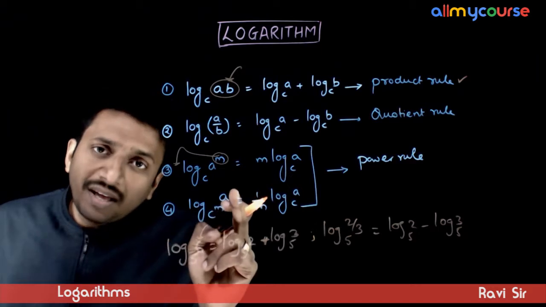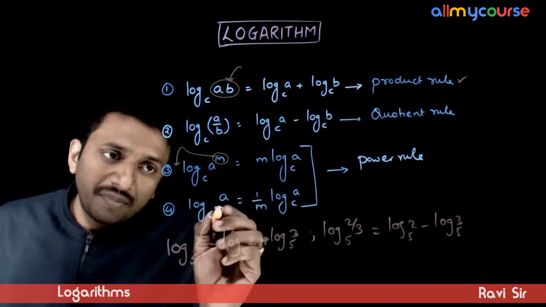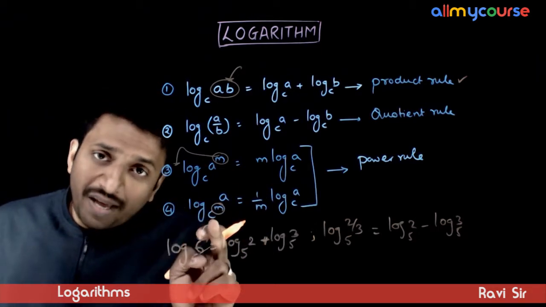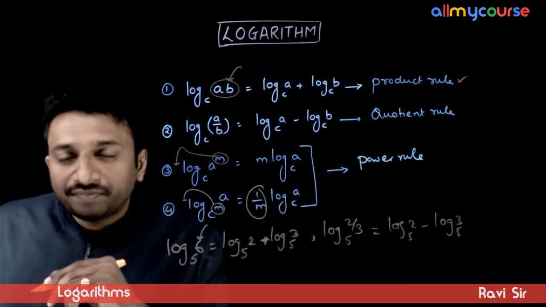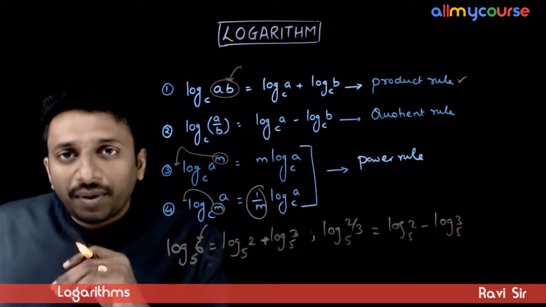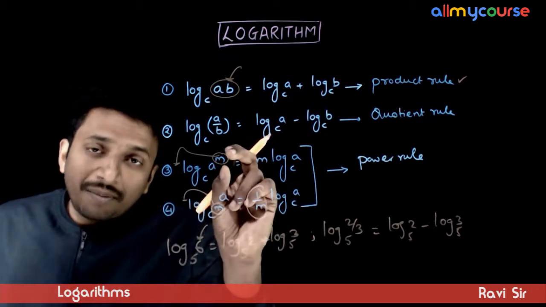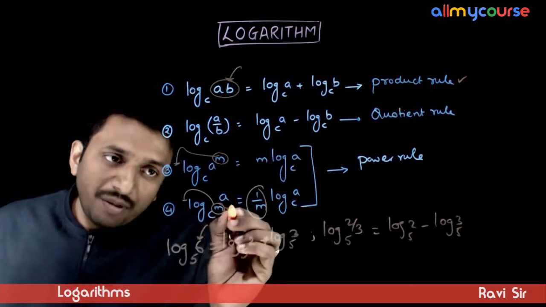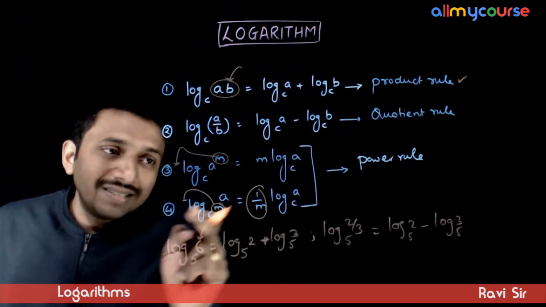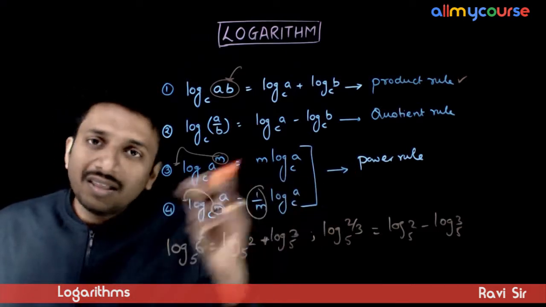And for log A to the base C power m, if you have a power in the base, this will come out as 1 by m. So the power of the number above will directly come out of the logarithm, and the power of the base will come out as a reciprocal. This is called the power rule.